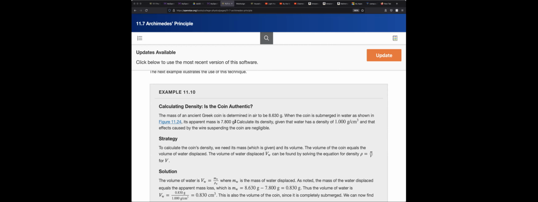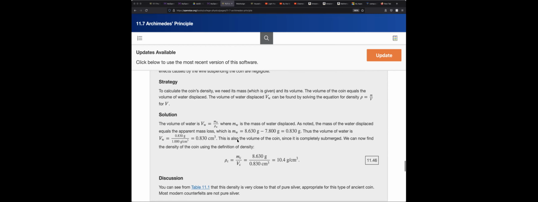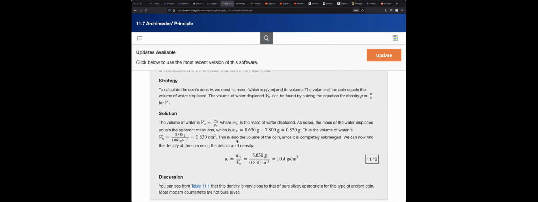So we're going to calculate the density of the gold by using this ratio or this equation that determines this, right? So the volume of the water is the mass of the water divided by the density of the water. And we're talking about the volume of the water displaced and the mass of the water displaced, right? By the coin or the crown or whatever else.